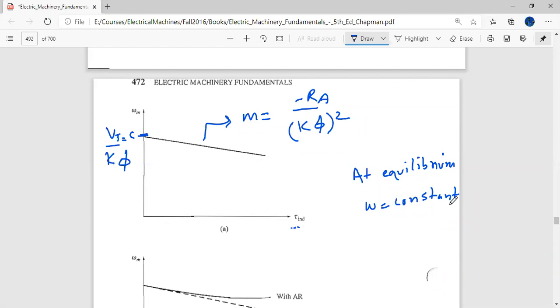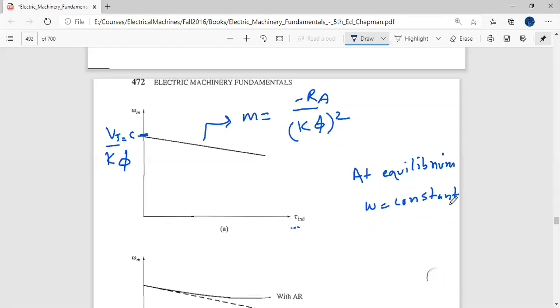Again there will be some changes in the motor, and again it will achieve some equilibrium speed, and this time it will be equal to omega y. So whenever the motor is under loaded or unloaded conditions at equilibrium, if you change the load slightly, it may experience an angular acceleration so that its speed would increase, or it may experience an angular deceleration so that its speed would decrease. But at some equilibrium point, that omega will become constant.